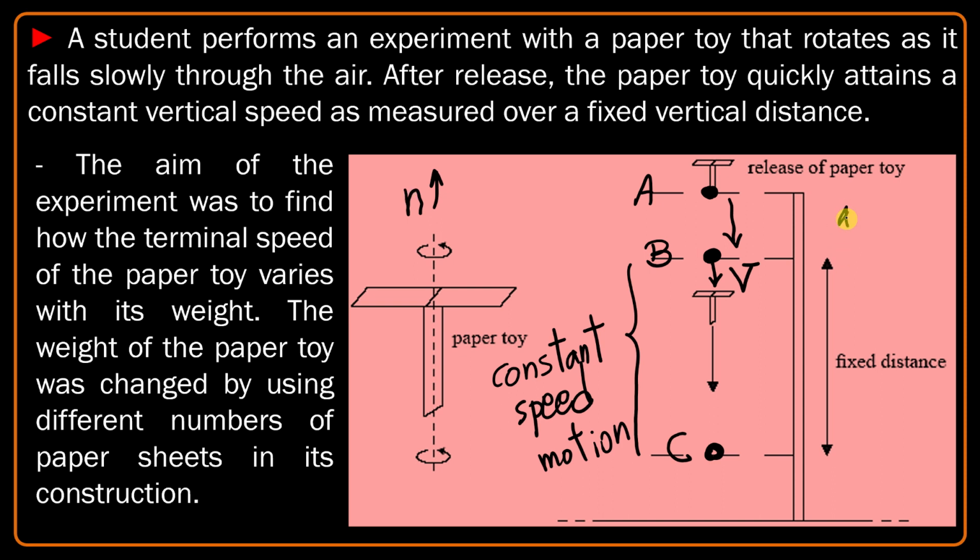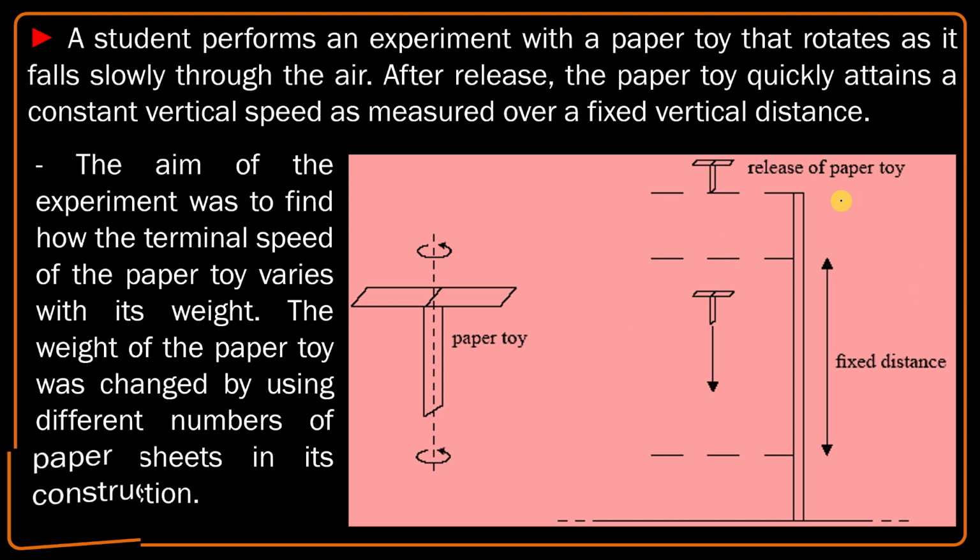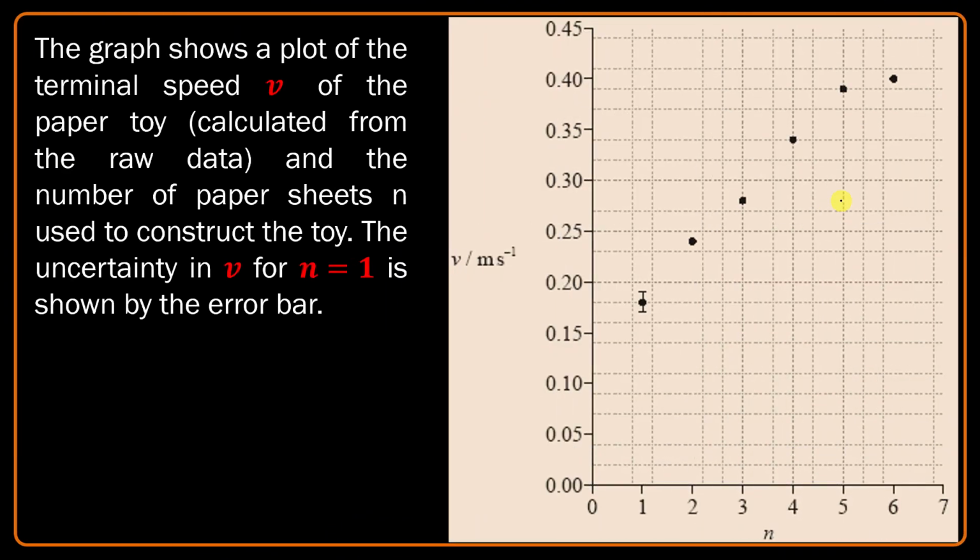I think we may have a graph like this. Terminal speed versus n, number of paper sheets. Let's check it. Yeah. The graph shows a plot of terminal speed v, in meters per second, of the paper toy calculated from the raw data, and the number of paper sheets, n, used to construct the toy.